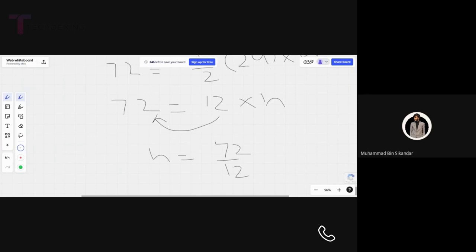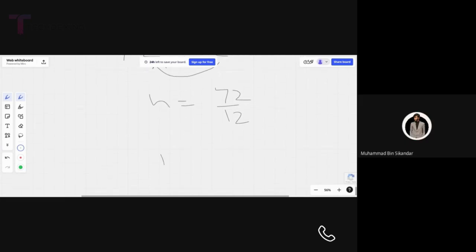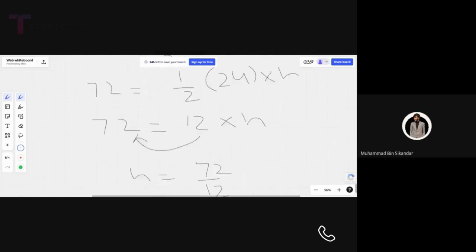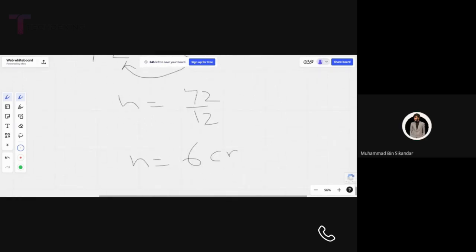What will be the answer? 72 divided by 12, the answer would be 6. Yes, good. So the height would be 6, but 6 what? It is incomplete. 6 centimeter. Yes, that's good.